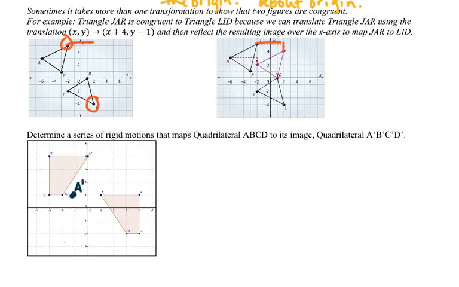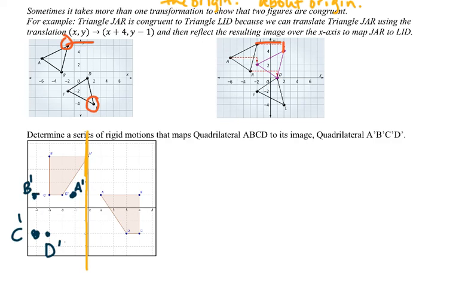B prime would be 4 units away from the y-axis. Let me draw the y-axis here in yellow. If I reflect it over that, it's 4 units away. So it would be here, B prime. C prime would be 4 units away, down here. And D prime would be 3 units away.